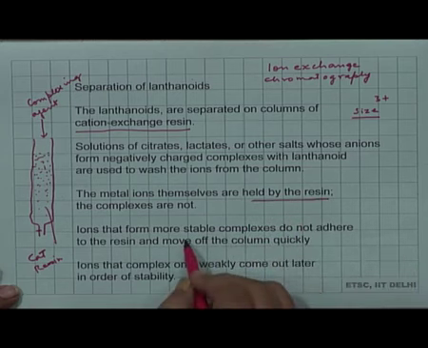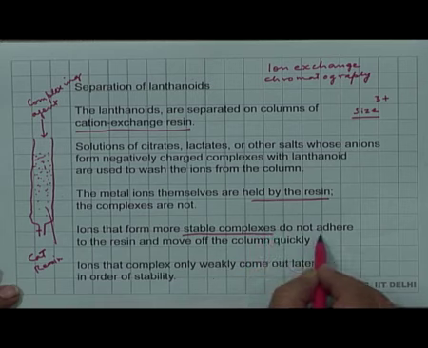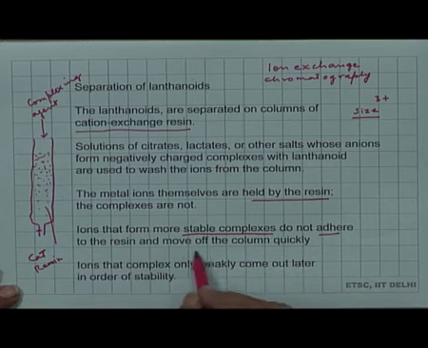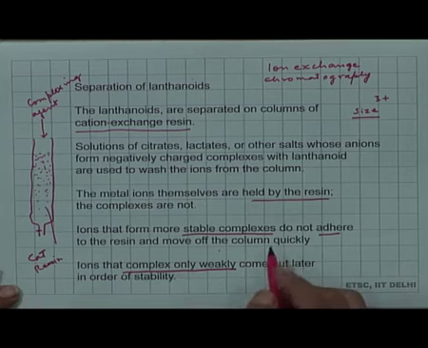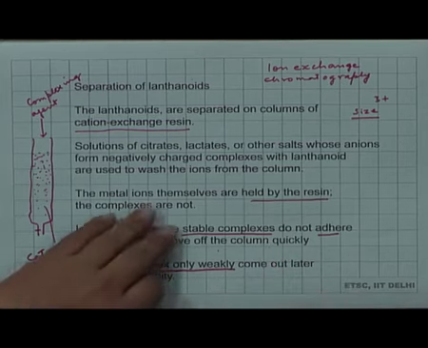So, ions that form a stable complex move off the column, and the ones which form a weak complex will come out slowly or later. Those which form a stable complex will come out first. So, the separation is based on the stability of the complex.